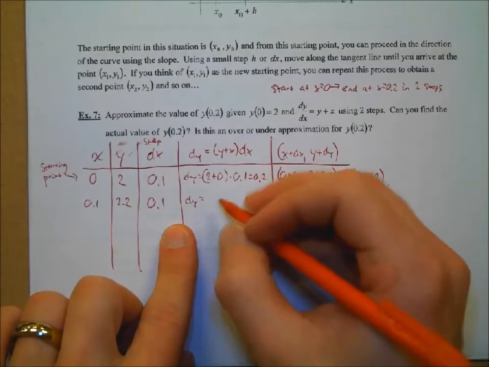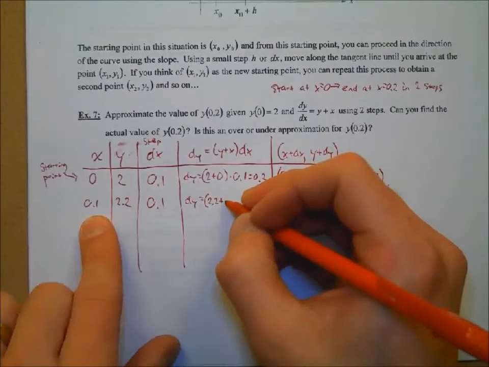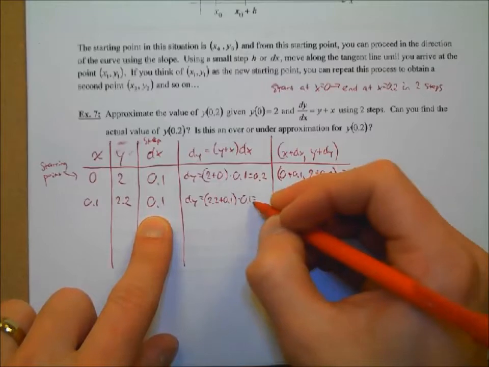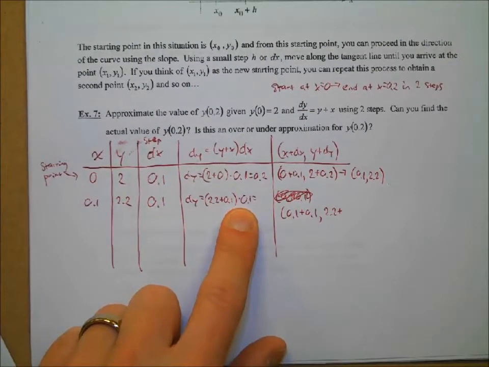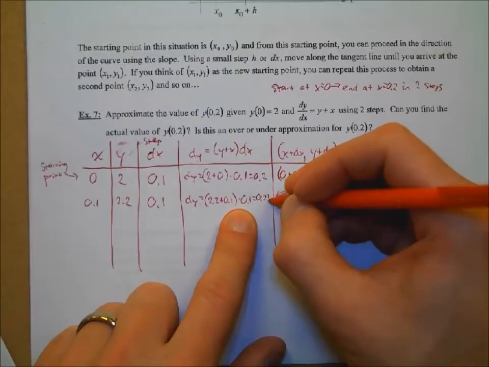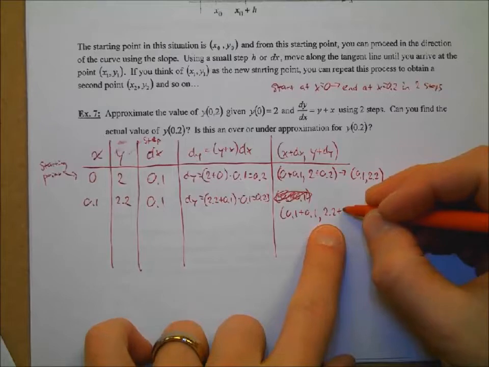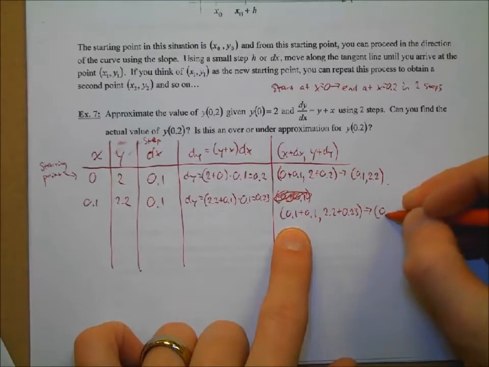dy equals 2.2 plus 0.1 times our dx of 0.1. So 2.2 plus 0.1 is 2.3, times 0.1 is 0.23. So 2.2 plus 0.23. This will result in an x coordinate of 0.2. Aha!